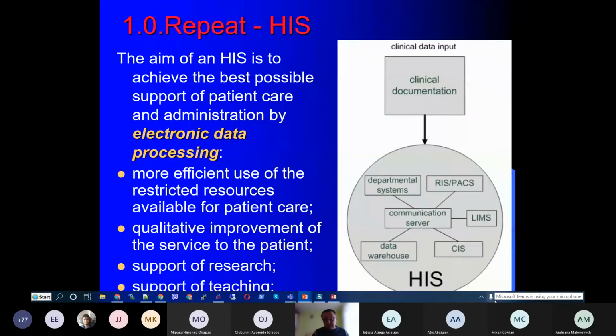So if we talk about any integrated hospital information system, our input is all kinds of clinical documentation and text information that have to be stored within electronic medical records, various images, results of laboratory examination, and so on.